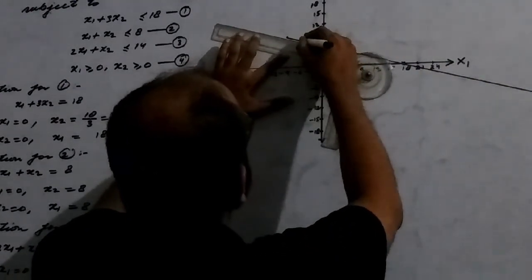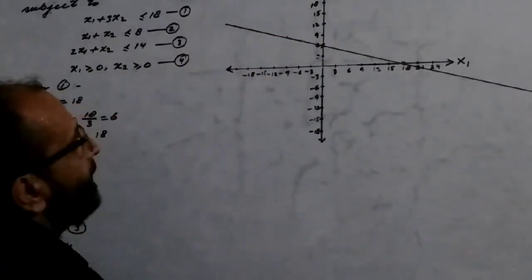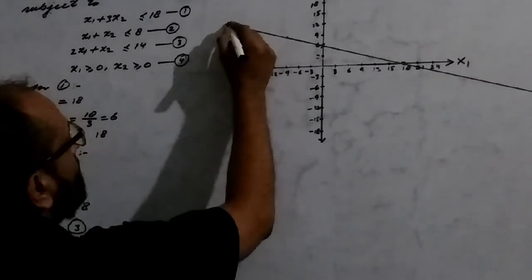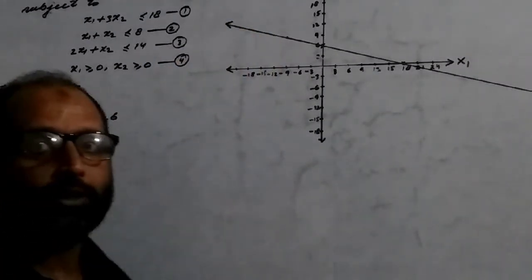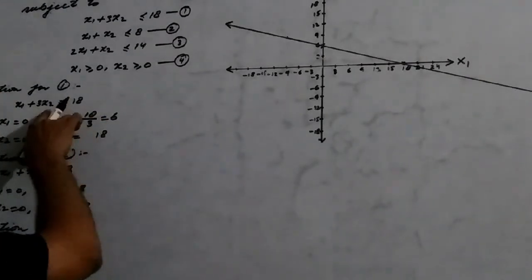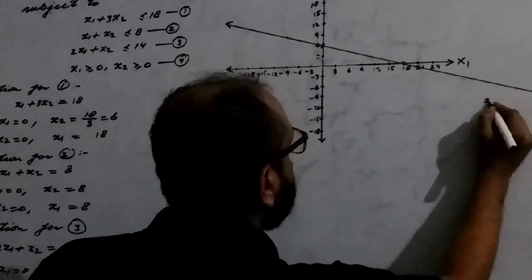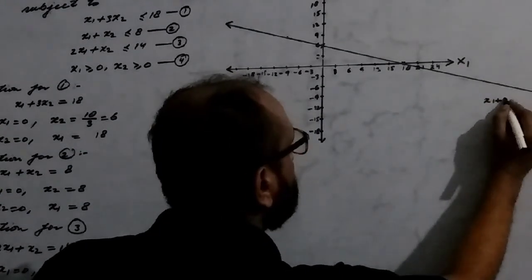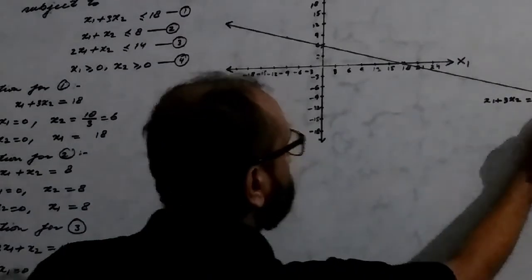Though my drawing may be a little inaccurate, my motive is to explain the method. So this is the line for this equation, and we name this line for recognition x1 plus 3x2 is equal to 18.